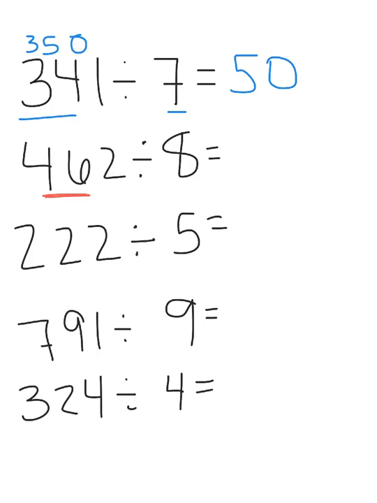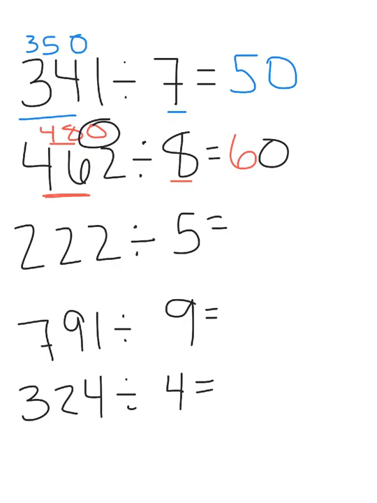Since 48 is closer to 46 than 40, I'm going to use 48. And then there's one more digit, so I'm going to add a 0. 48 divided by 8 is 6, and then we have to add the 0. So I would estimate this by using compatible numbers to 60.